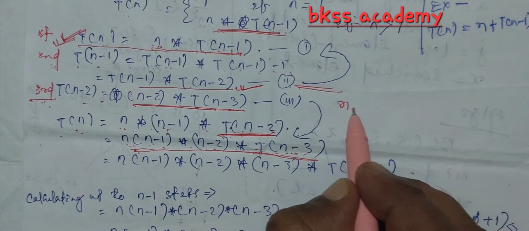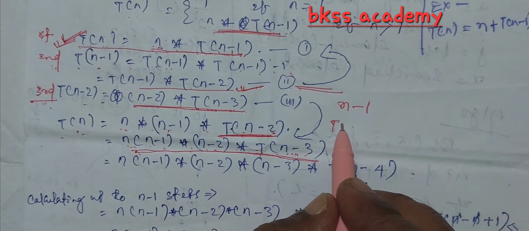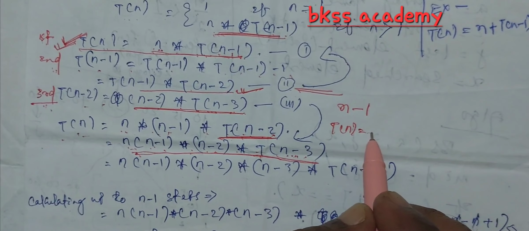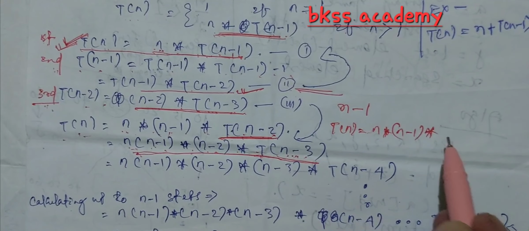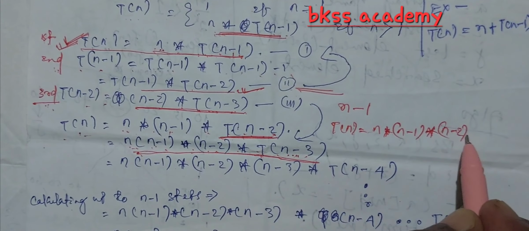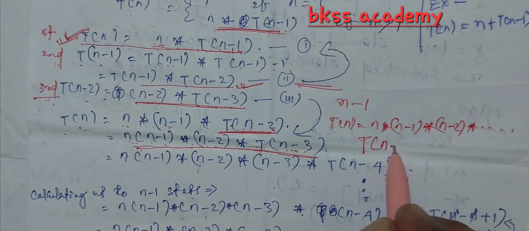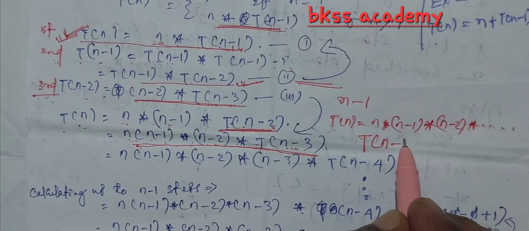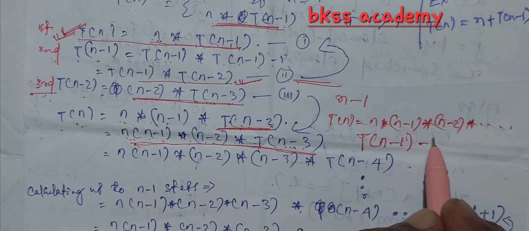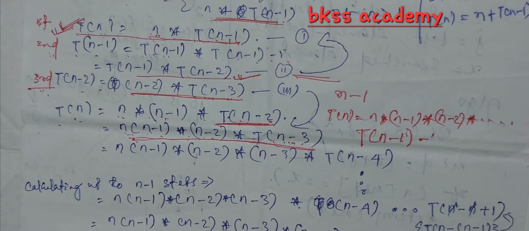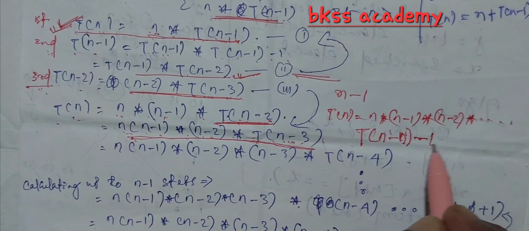Similarly, at the (n-1)th term, what will be my value? T(n) will be n into (n-1) into (n-2) and so on, up to T(n-(n-1)).